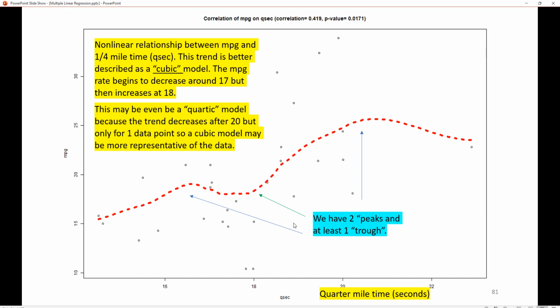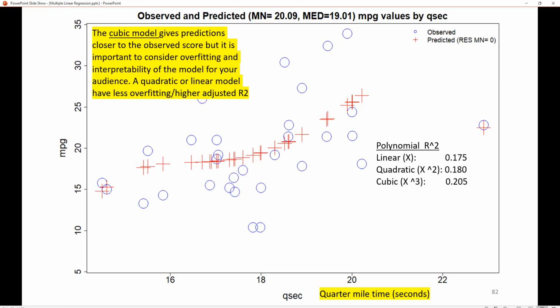In this data, we have two peaks around 17 and 20, and at least one trough, around the value of 17 or 18. So what we can do then is add in a cubic model. And so what we would do is have qsec plus qsec squared plus qsec to the third power.